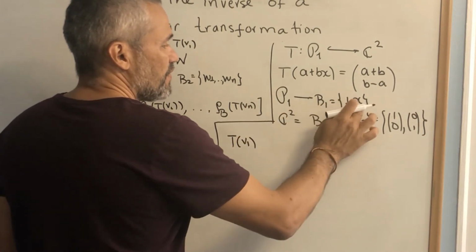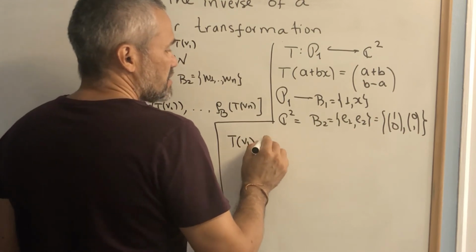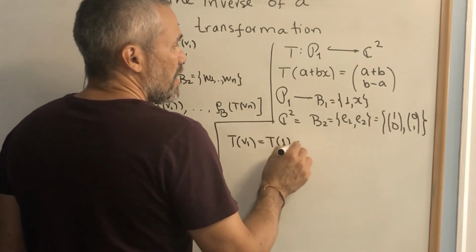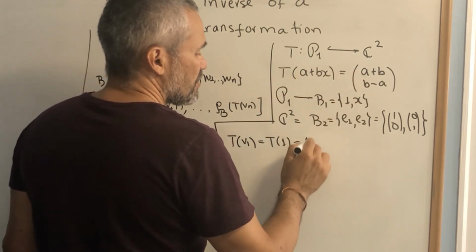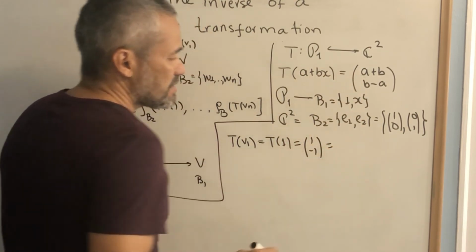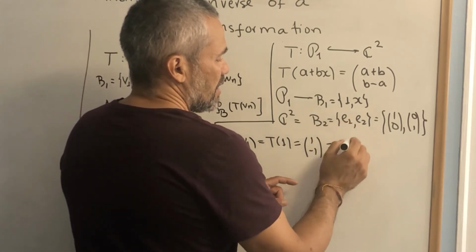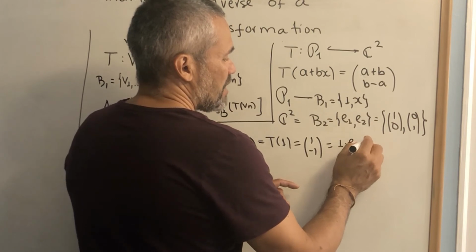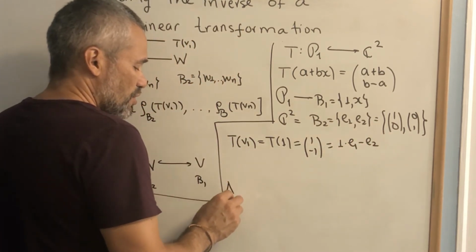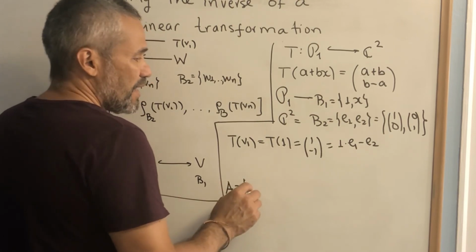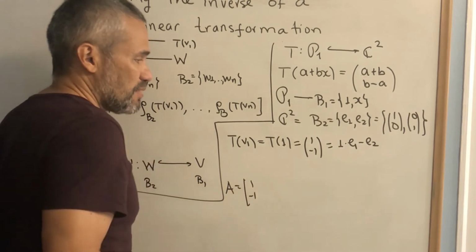And T of V1 is just T of 1, where A equals 1 and B equals 0, which is the vector 1, negative 1. This is just 1 times E1 minus E2, and that means that the first column of A is this 1, negative 1, because these are the weights.